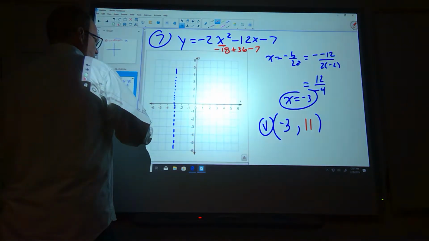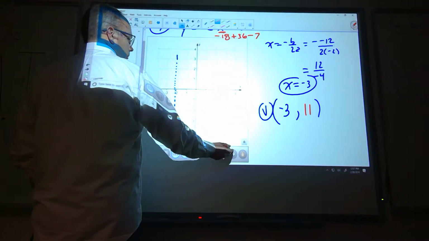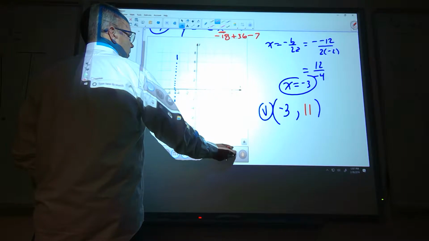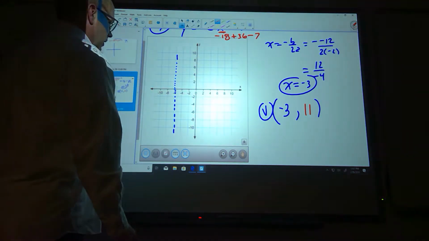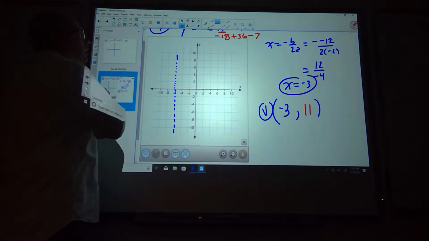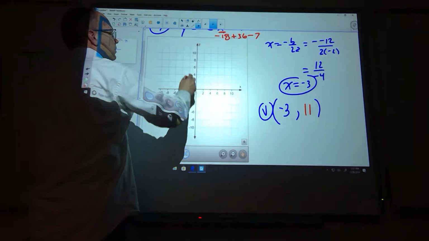All right, so that means I'm going to have to adjust this a little bit. Nope, wrong way. All right, ew, okay. I have to change my asymptote now. My asymptote was negative 3.